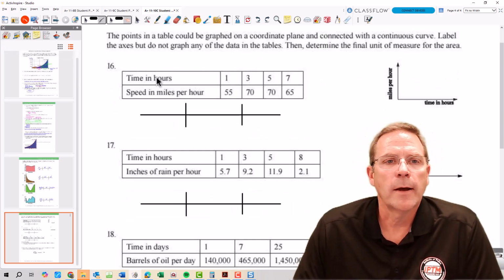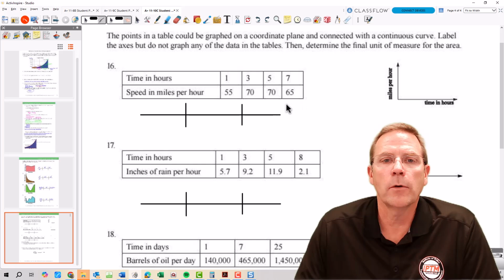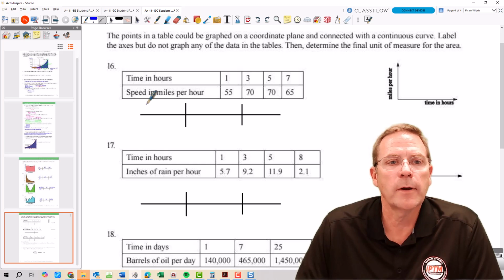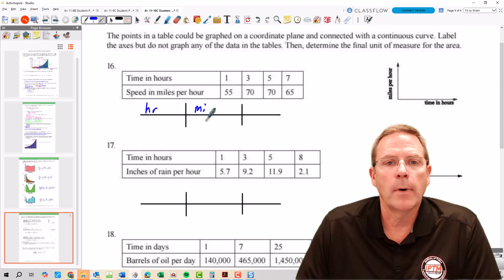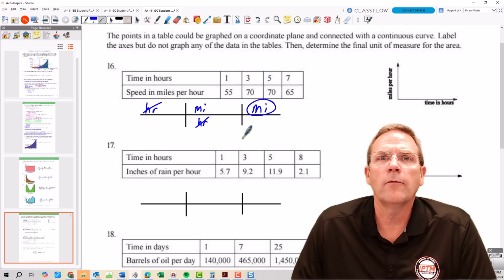So they have time in hours, that's your top term, so that's going to be your x-axis, and speed in miles per hour, that's going to be your bottom item, so it's your y-axis. We're going to plug those in, so I have time in hours times speed in miles per hour, the hours divide out, leaving me a final unit of miles.